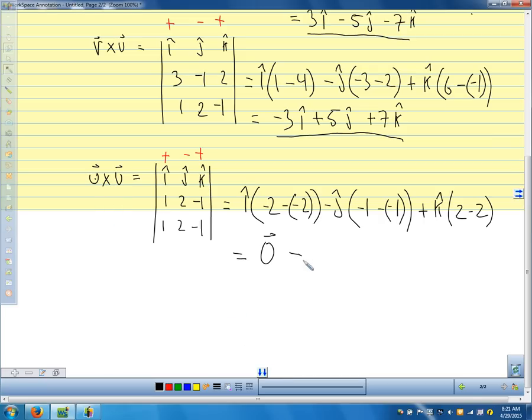And remember that the 0 vector does not equal the number 0. The 0 vector is different from the number 0. And it would be fine if you also wrote out 0 i hat plus 0 j hat plus 0 k hat. These two are the same thing.